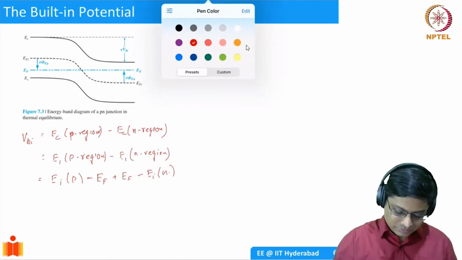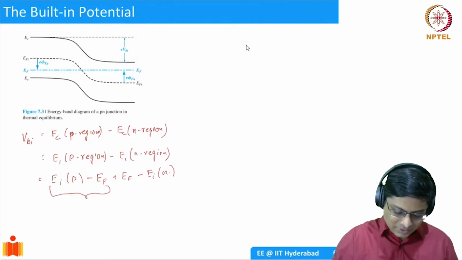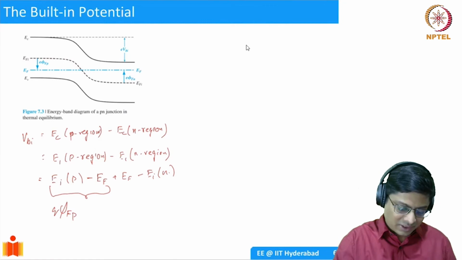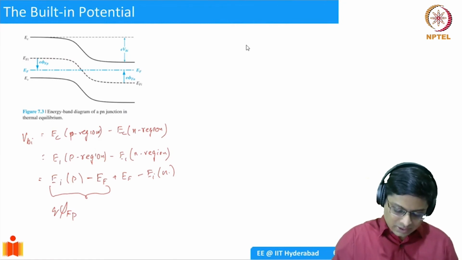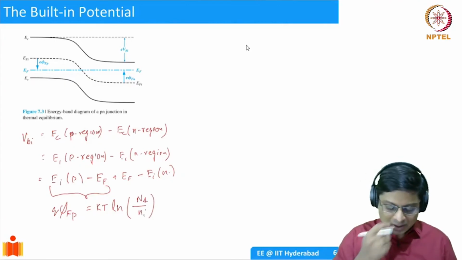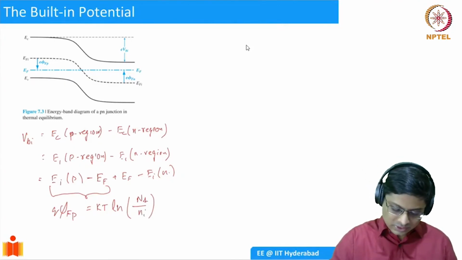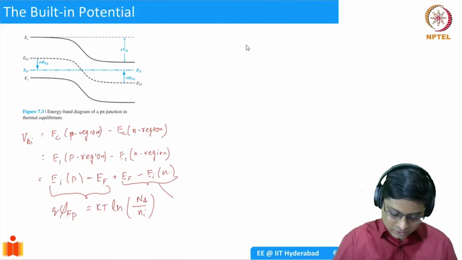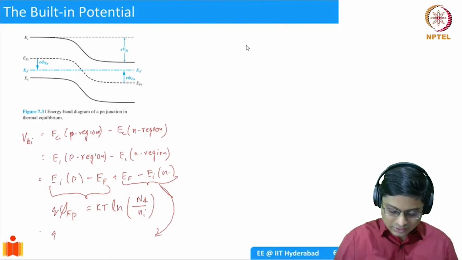This is going to be your Q phi P. Phi of P I introduced, I said essentially the distance is going to be the Fermi level. That expression is going to be KT ln of NA by NI. This is the first expression. Plus, the second expression, I'll put it below this, is going to be Q times phi f n, which is KT ln of ND by NI.